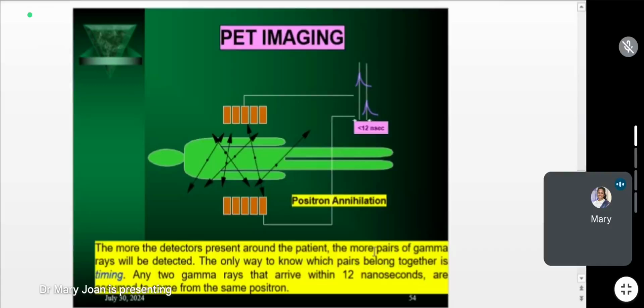So the more detectors present around the patient, the more pairs of gamma rays will be detected. The only way to know which is why I was stressing on the word, the timing window. Any two gamma rays that arrive within 12 nanoseconds are assumed to come from the same position.